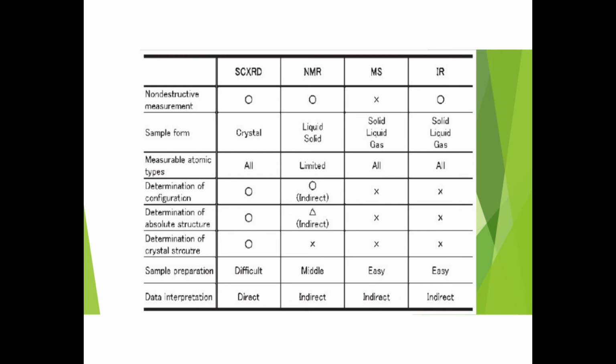Further, data can be interpreted directly by using single crystal X-ray diffraction but indirectly by using NMR, MS, and IR. In conclusion, we can say that single crystal X-ray diffraction is considered the most superior technique compared to the others.